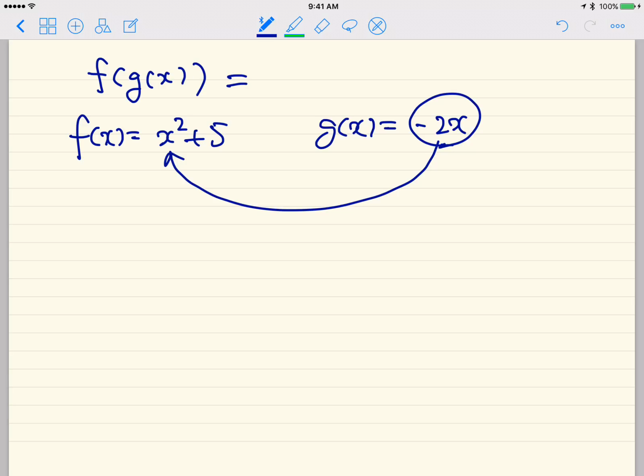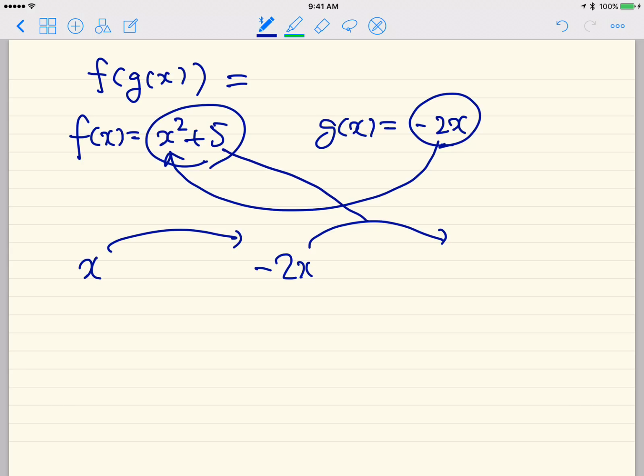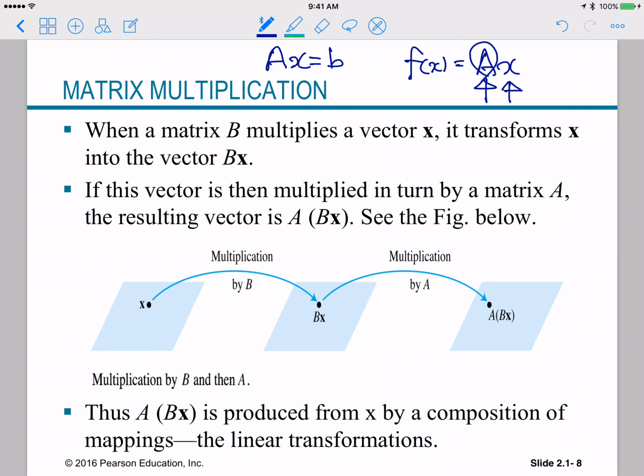So that way we obtain this. But it can be viewed as this: x is mapped into minus 2x, and then this is mapped through this function, so g and f and so on, right? So we can define these composite functions using two different matrices.